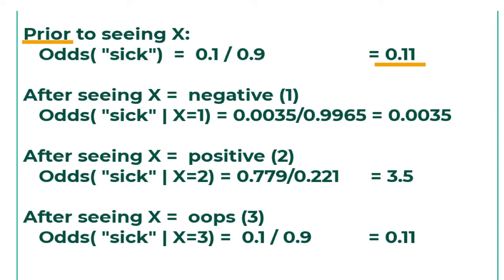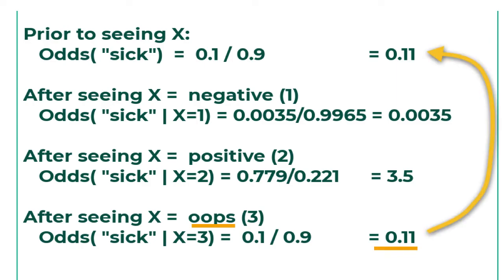Let's compare the odds of having the disease before a test result, the prior odds, with the odds you get after observing a negative or a positive or an oops result. Here we see that the observation x equals negative lowers the probability of sick and x equals positive raises it. Observing x equals oops does not provide any information as reflected in the likelihood ratio.